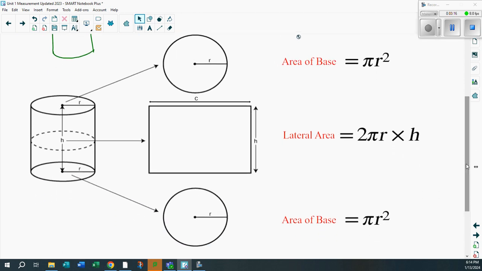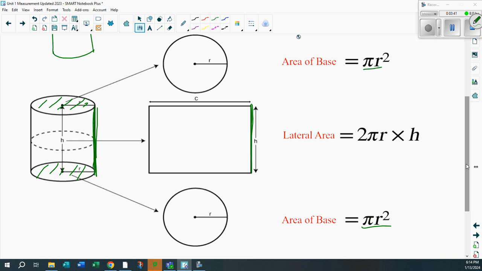Look what you've got. You've got a top, which is a circle, pi r squared. You've got a bottom, which is exactly the same circle, pi r squared. So you're going to multiply that by 2. But now remember, here's the height of the cylinder. If you cut along this label, you make a rectangle.